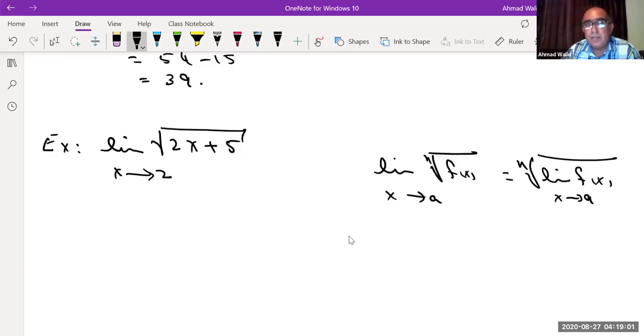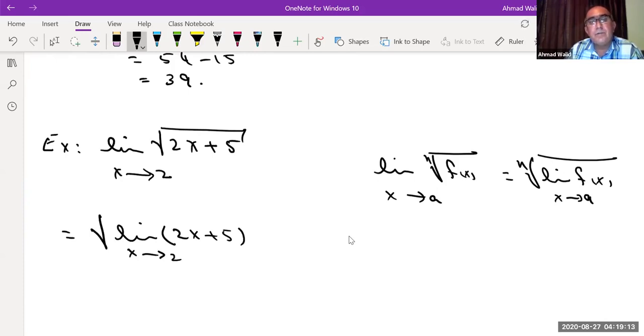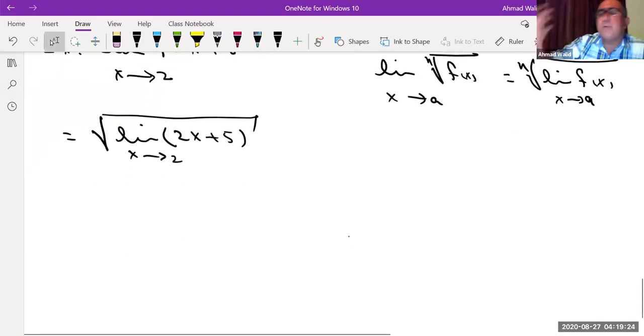Let's apply the rule here. Then this one equals the square root of the limit of 2x plus 5 as x approaches 2. And now under the radical, you see you have the addition rule. You can separate them, right? Because you want to practice with limit rules.